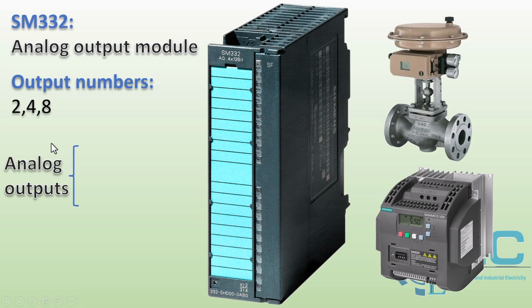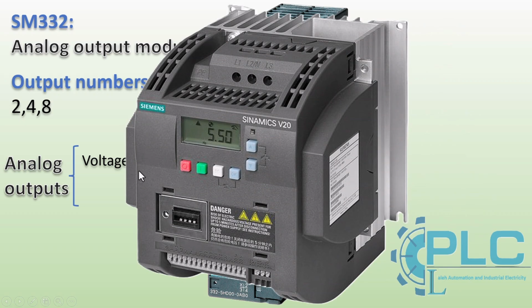Types of analog output signals. The SM332 module supports various types of analog output signals to match the needs of different field devices. 1. Voltage signals: 0 to 10 volt, 1 to 5 volt, etc. These are used for devices that accept voltage-based control signals. 2.